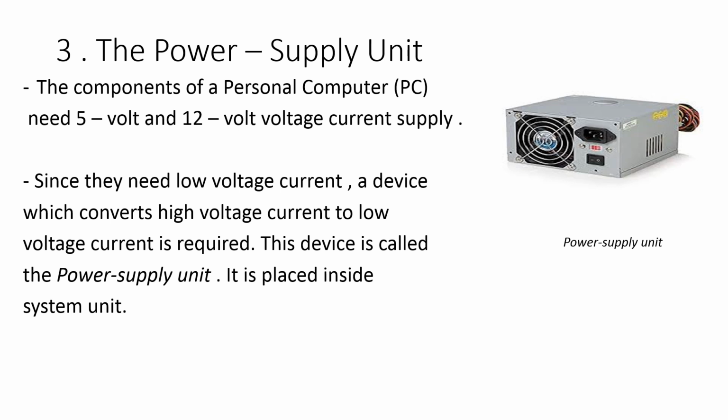So to avoid this risk, a device called the power supply unit is used, and this device will convert the high voltage current into the low voltage current for all the components of your desktop. And where is it placed? Inside the system unit. Okay, fine. So moving on.